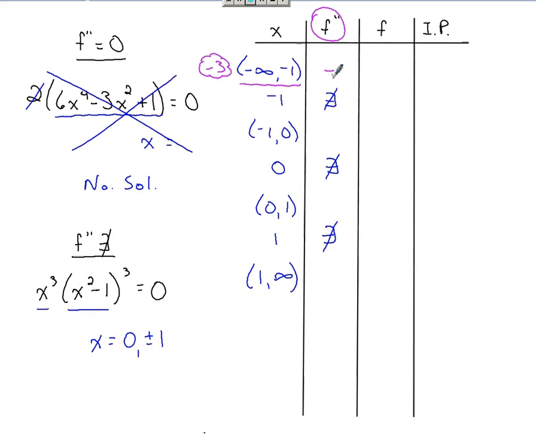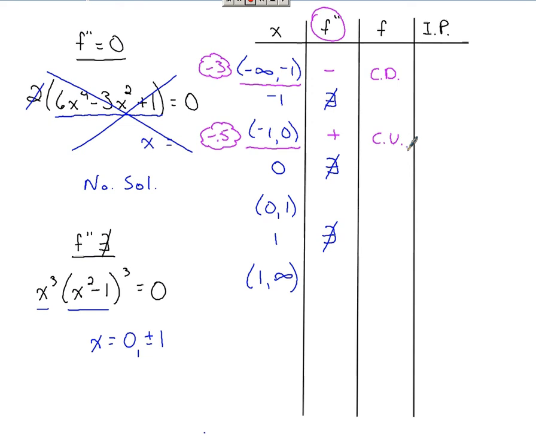So what that means about the function, it means it's concave down for the curvature. From negative 1 to 0, if I select a number there, say negative 0.5, plug into your second derivative, should get something positive back there. So since we get something positive back there, that means the function is concave up on that interval.